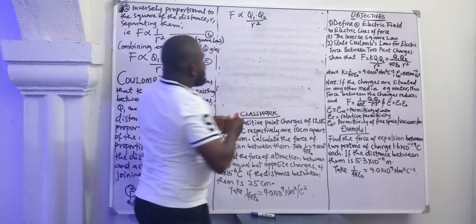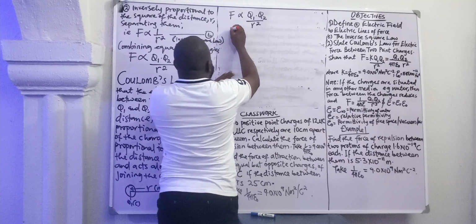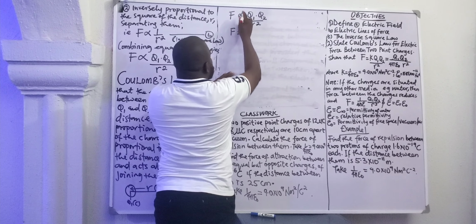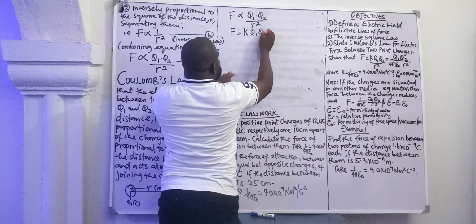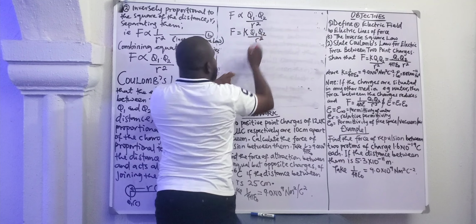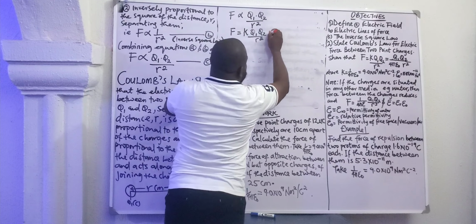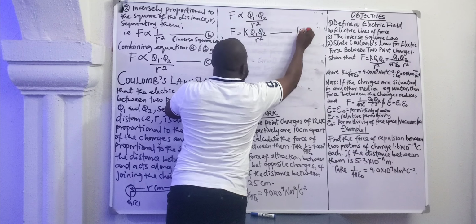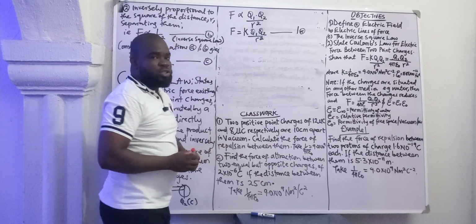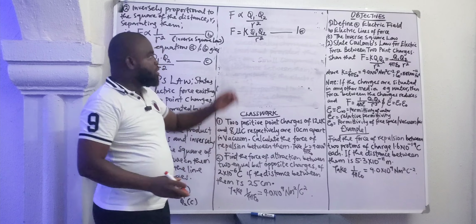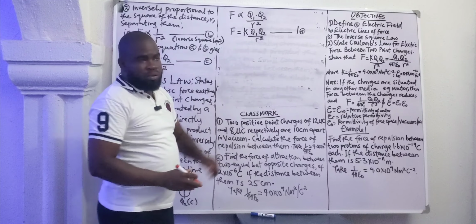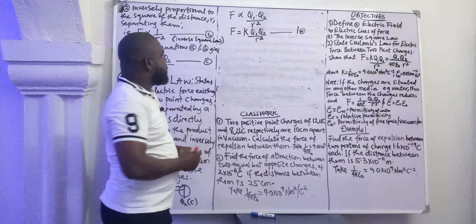So, if I remove this proportional sign, I will put equal to with a constant k, Q1 Q2 divided by r squared. Let me call this equation 1a. So, if we have calculations to do that border on the force existing between two charged bodies, equation 1a will be applied.